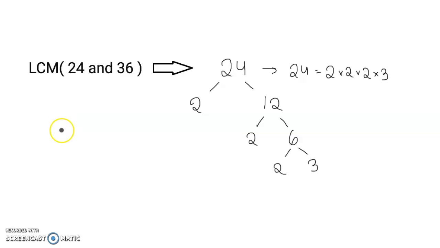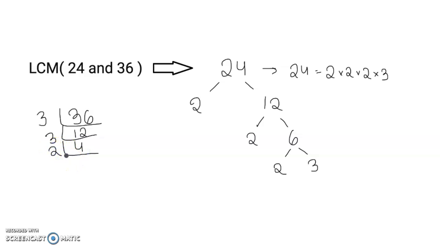Next, I'm going to show you the upside down division method for 36. So I have 36 over here, and I'm going to divide 36 by one of its factors, which could be 3. So 36 divided by 3 is equal to 12. Next, 12 divided by 3 is equal to 4.